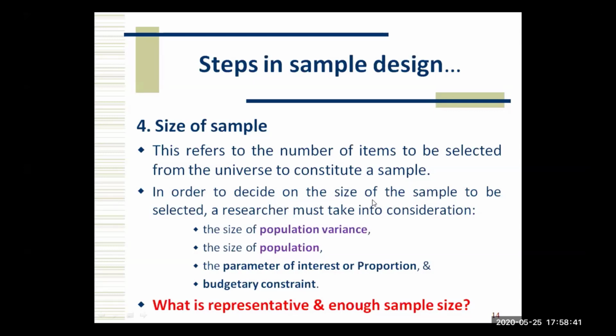We are going to discuss this part separately. The researchers must also have information about the population variance, the size of the population, the parameter of interest or proportions, and the budget constraint.